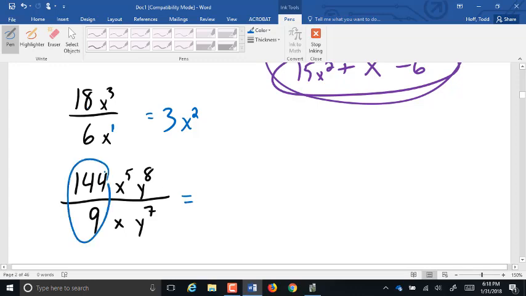What's 144 divided by 9? 16? Perfect. X to the 5th divided by x. X to the 4th. Good. Remember to treat that as 1. 5 minus 1 is 4. X to the 4th. Y to the 8th divided by y to the 7th. Y to the 1, or just y.